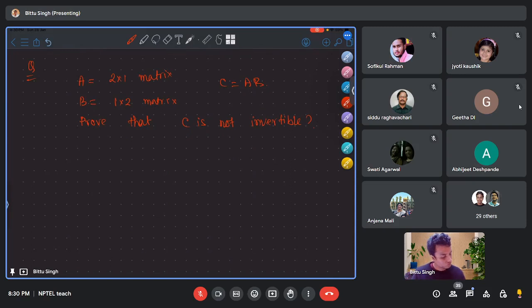So just take A to be a 2 by 1 matrix, with entries a and b, and B is a 1 by 2 matrix, that is one row, with entries c and d. Here a, b, c, d are any real numbers.